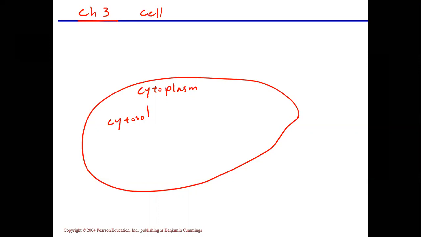You have what's known as organelles. Organelles are different departments. For instance, you have a nucleus. In anatomy, you learn you have a mitochondria, for instance. So these are called organelles.